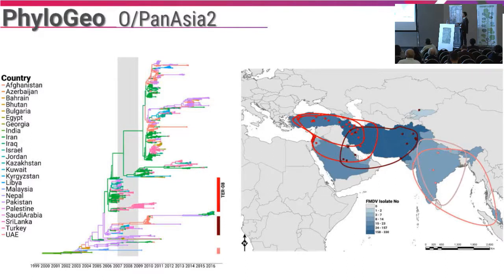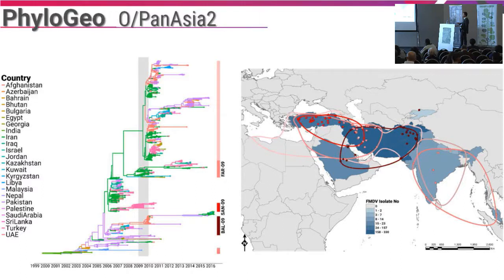These are well defined at the geographical clustering level, where something like Tehran 08 is just moving around Iran and Turkey. Others cluster between the Pakistan, Afghanistan, Iran ecosystem and then move to the Arabian Peninsula.